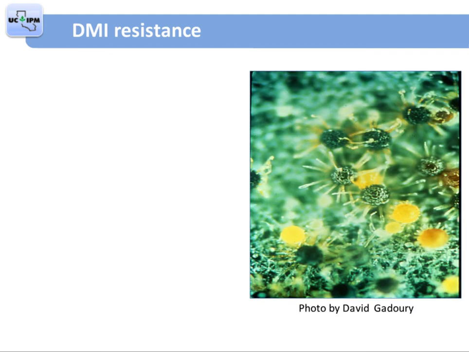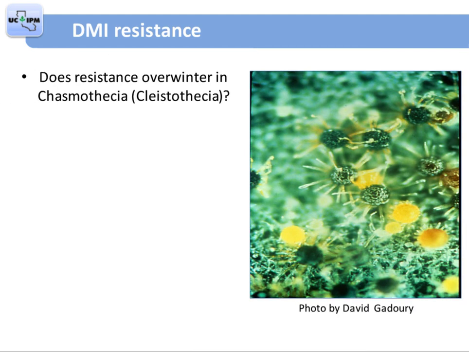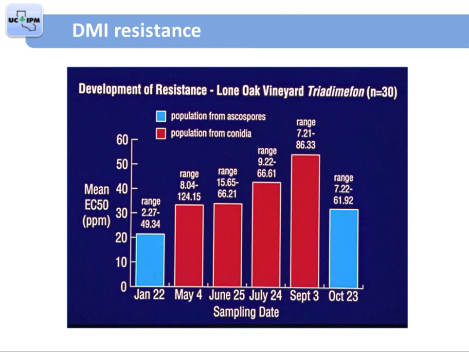Does resistance overwinter in cleistothecia? And are resistance genes fit in nature? We extracted ascospores from grapevine bark in the lab, tested against Balaton, and found average EC50 values in our population of 22 ppm with a range of 2.27 to 49.34 ppm.